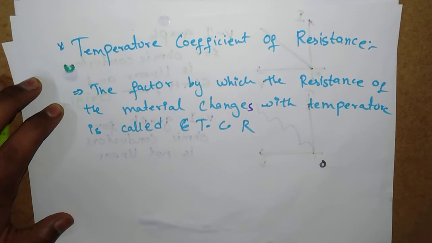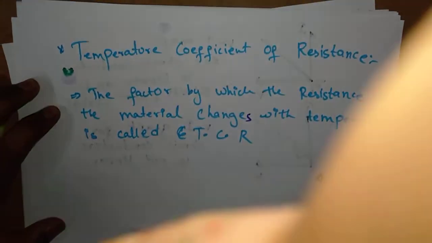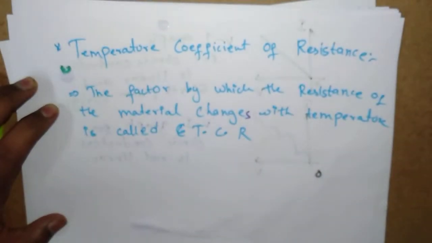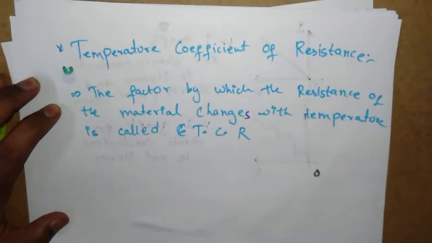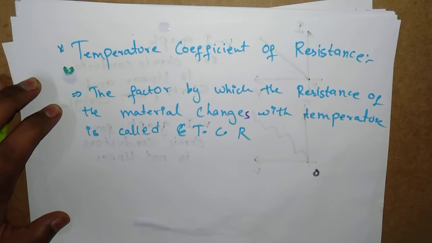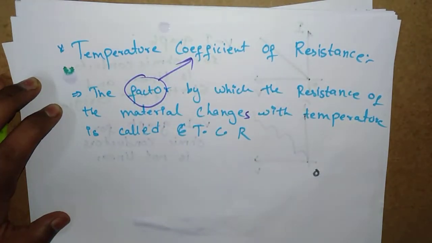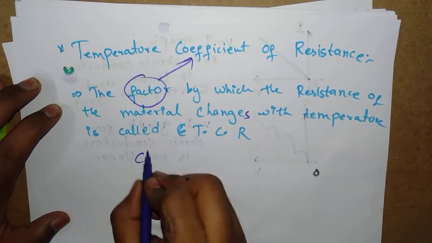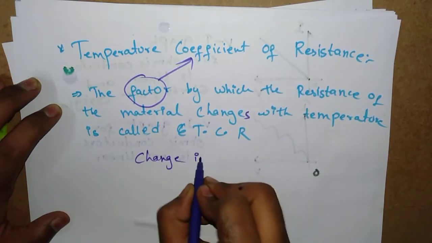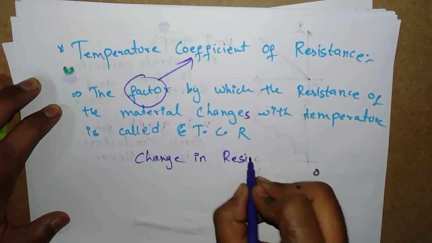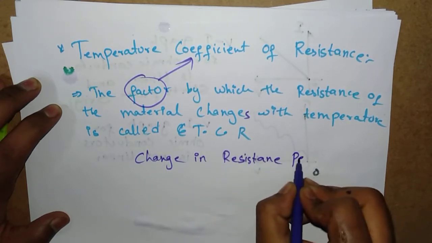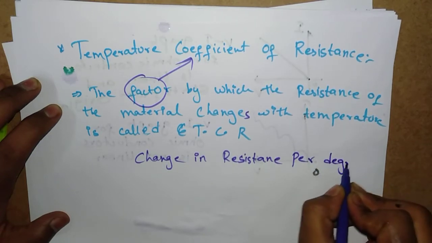So any reason by which the resistance of the material changes with temperature, that factor is called the coefficient of resistance, or you can say it is the measure of resistance.